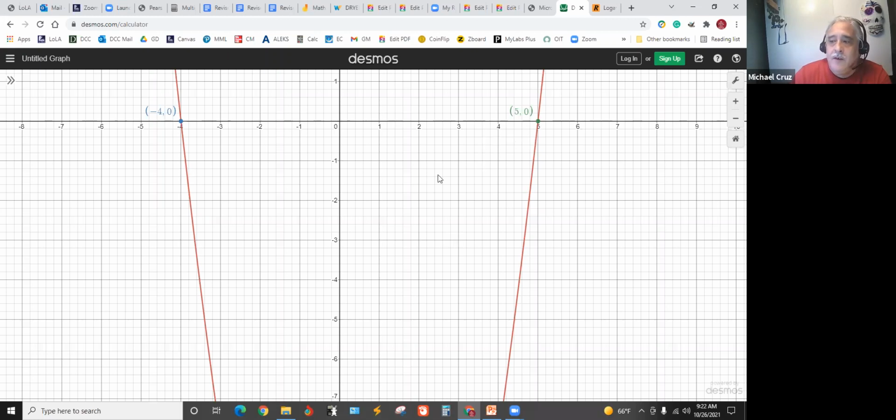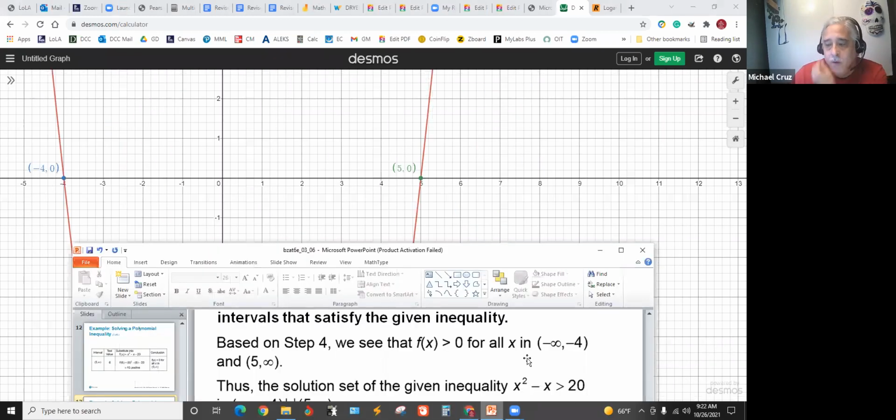And then on the other side was 5 to infinity, all the way out there. This assures us that everything is going to be above the x-axis. The y values, or the functional values, are going to be positive.